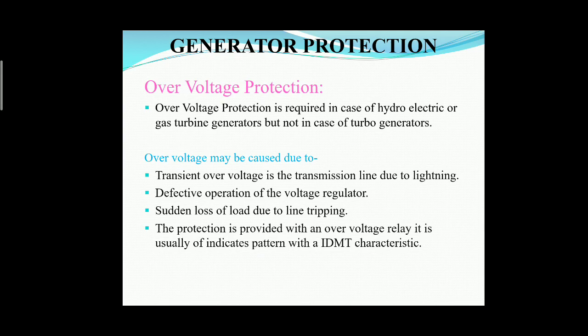Next one is the overvoltage protection. Overvoltage protection is required in the case of hydroelectric or gas turbine generators, but in the case of turbo generators, overvoltages are caused by transient overvoltages obtained from lightning. Next is the sudden loss of the load due to line tripping.